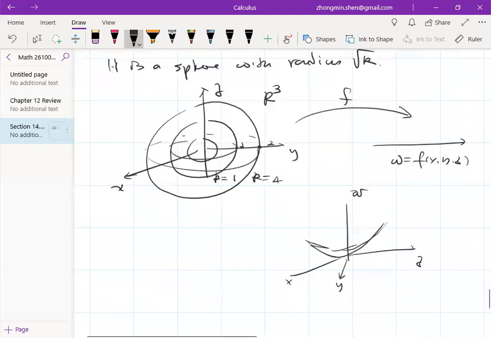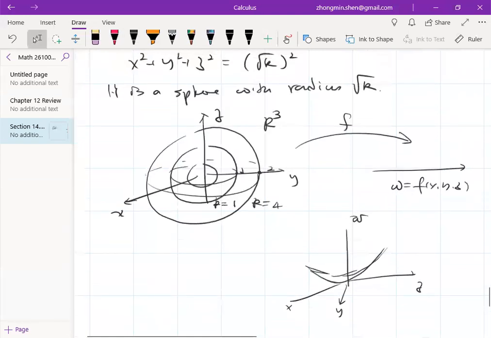How do I imagine it? I will see that for any point on the given sphere in 3-dimensional space, the W value is going to be the same. In this case, for the sphere with radius 2, any point on the sphere, the value of the function is always going to be 4.